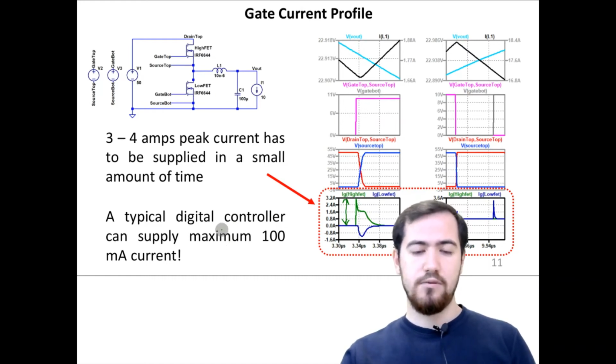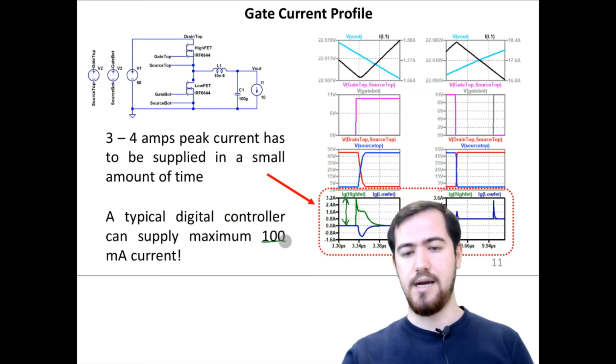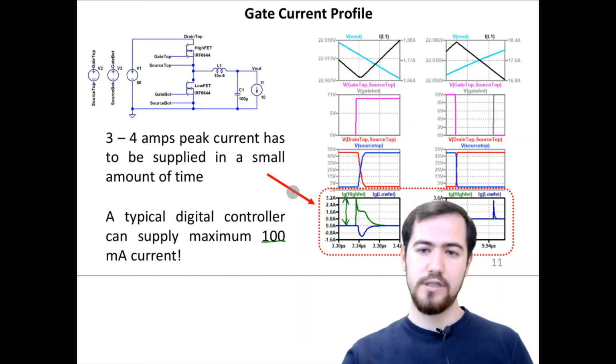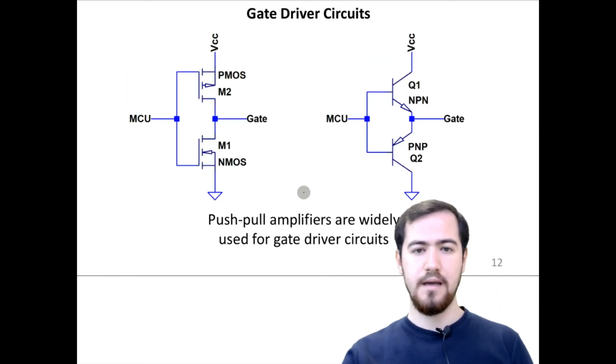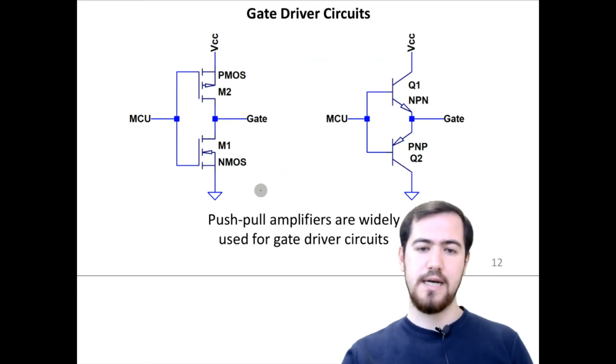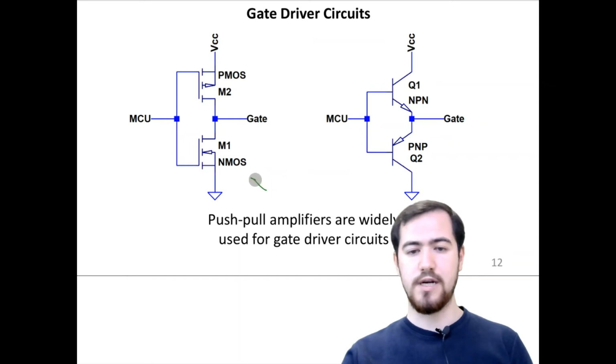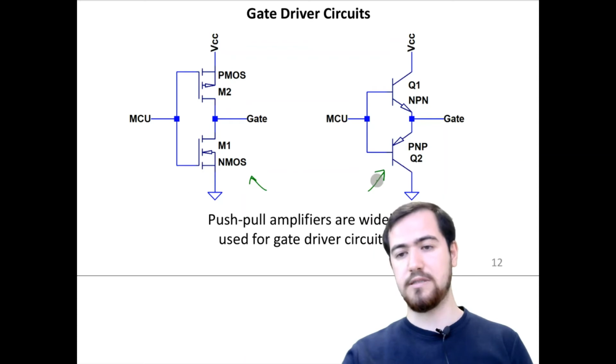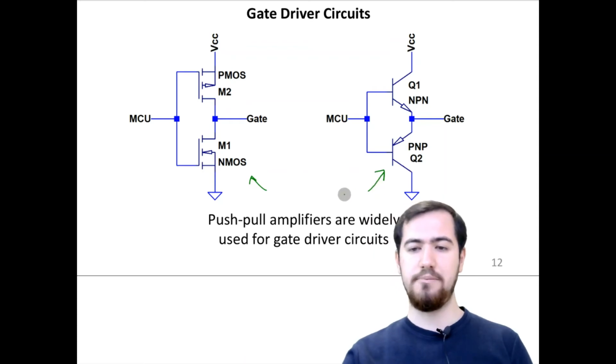We know that the typical digital controller current limit is 100 milliamps, which means that our digital controller cannot supply this current, and this current should be supplied by another component called a gate driver. There are two common gate driver types, one constructed with MOS switches and one constructed with BJT amplifiers.